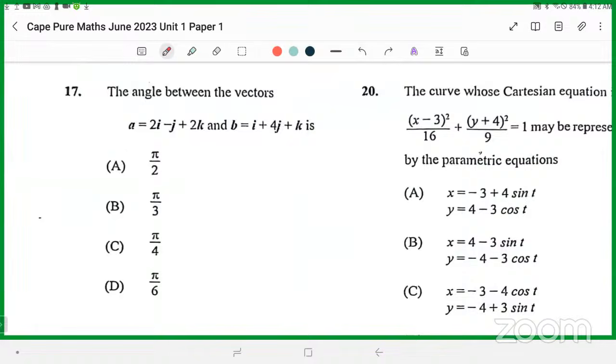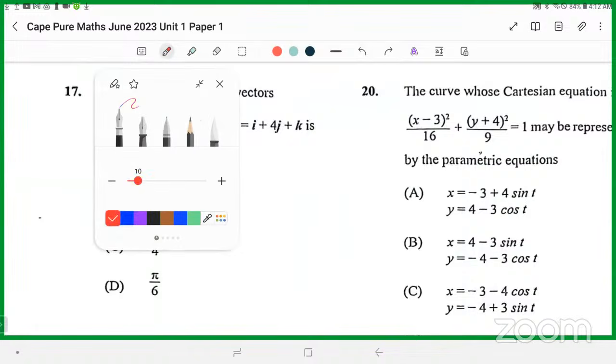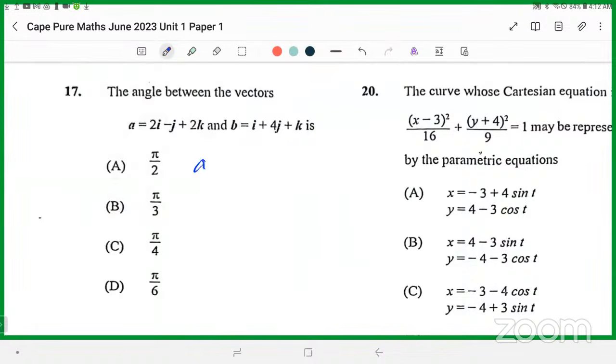Scalar product a dot b: this times this, which is 2, then this times this, which is minus 4, and then this times this, which is 2. That is equal to 0. So the scalar product is 0, and the angle is 90 degrees.